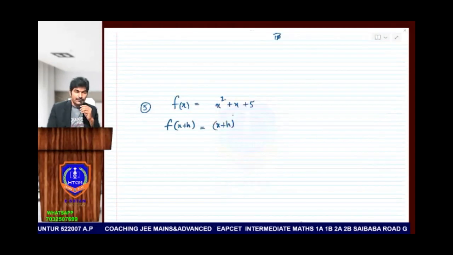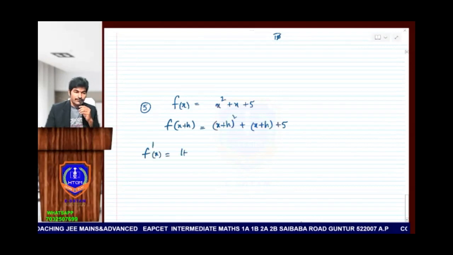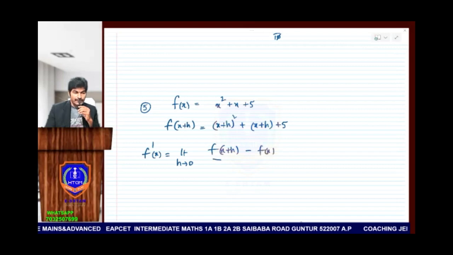x plus h whole square plus x plus h plus 5. Now we will write f dash x from first principle. f dash x equal to limit h tends to 0, f of x plus h minus f of x divided by h.